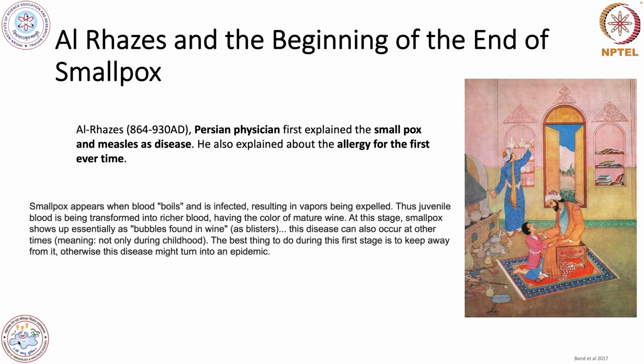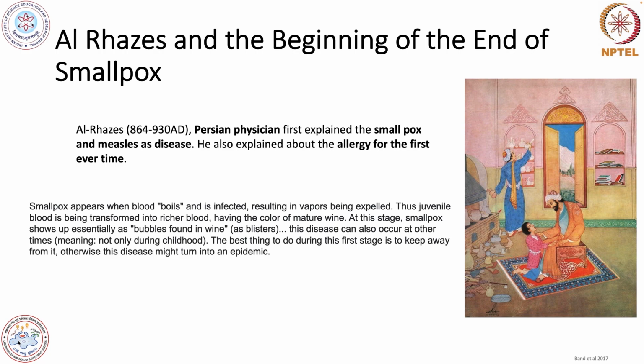About smallpox, he said that it appears when blood boils. Try to understand, they didn't have any scientific information. In that scenario, he at least said that this is a disease caused by something, not by a curse of God. So in very simple words, he explained smallpox.